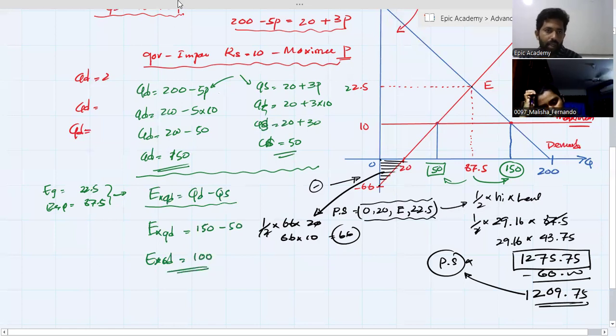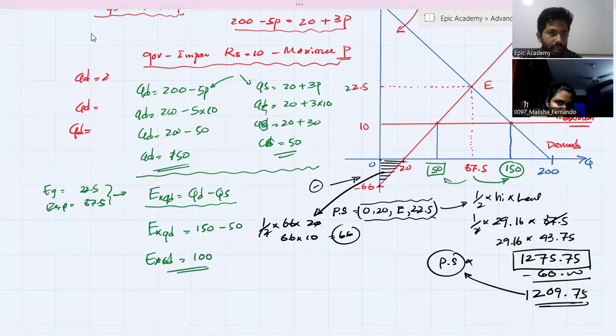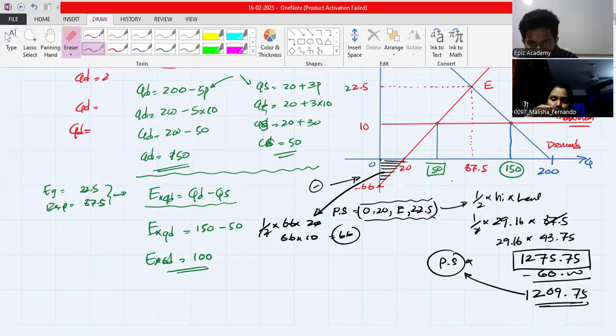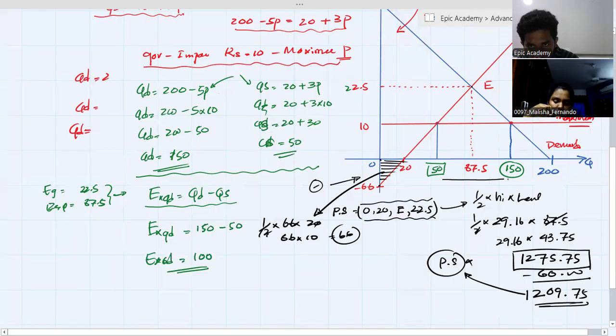So now, after creating the curve, you can identify the difference between those 2 points. I mean the length between these 2 points is the maximum excess demand, isn't it? Yes, that's the area.